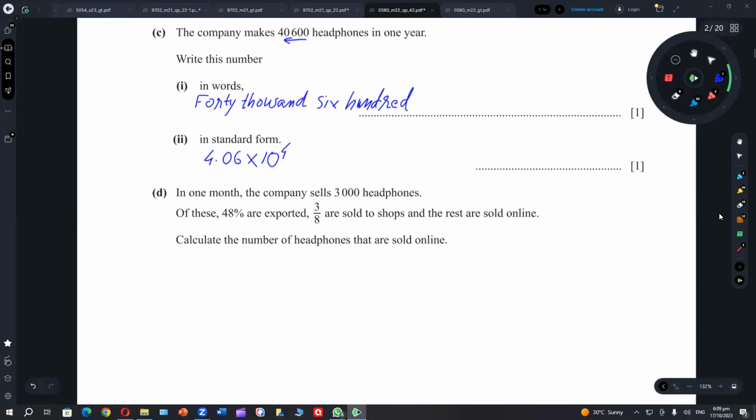If you move the decimal to the left, it is 10 power plus. And if you move the decimal to the right, it is 10 power minus.